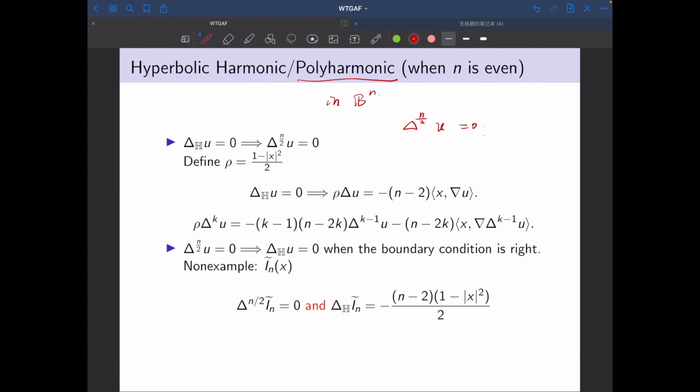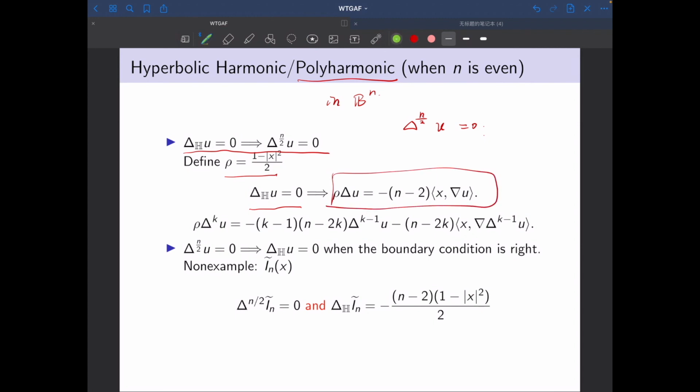And the first relation is that if a function is hyperbolic harmonic, then it is polyharmonic, which is over here. And the way to see this is if you define rho to be (1 minus |x| squared) over 2, and then if you write out the hyperbolic Laplacian in coordinate system, this is what you're going to get.